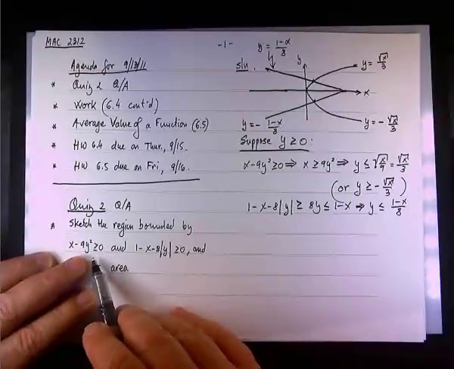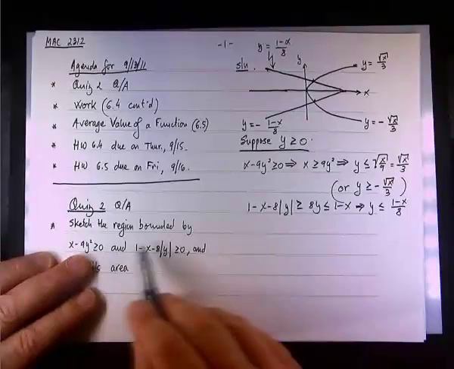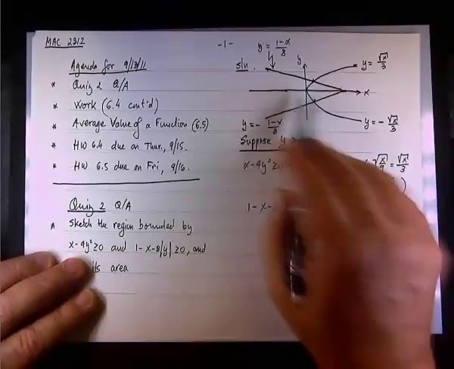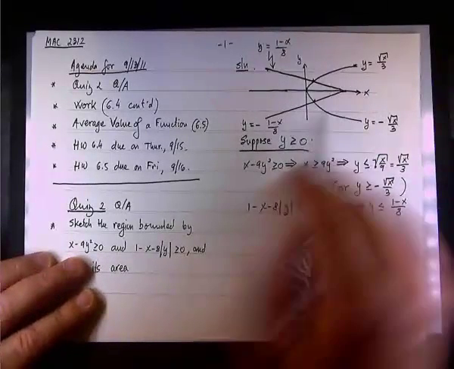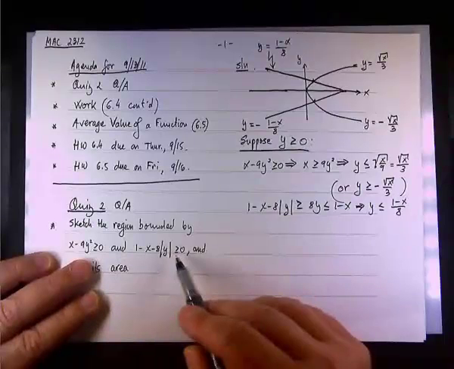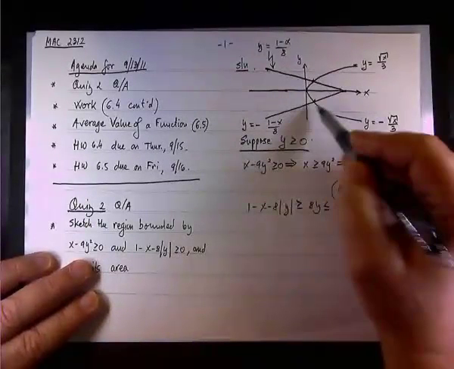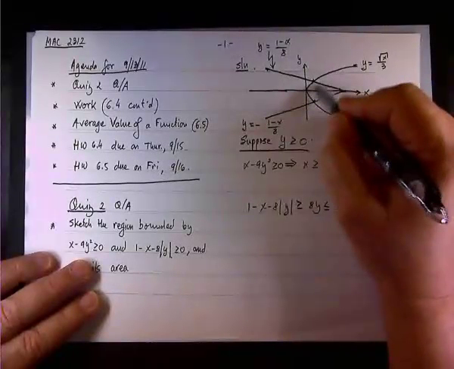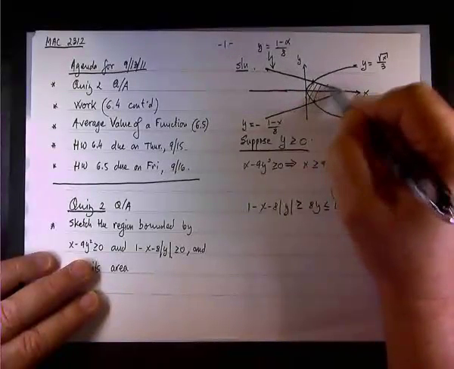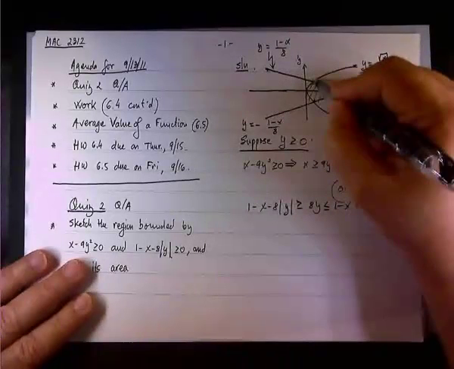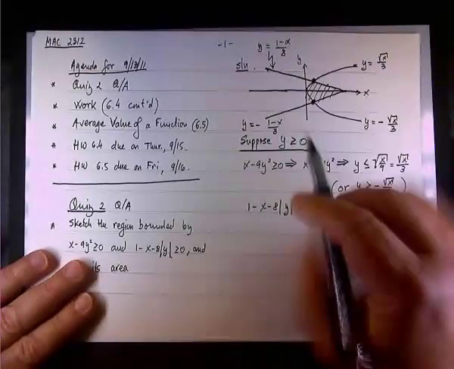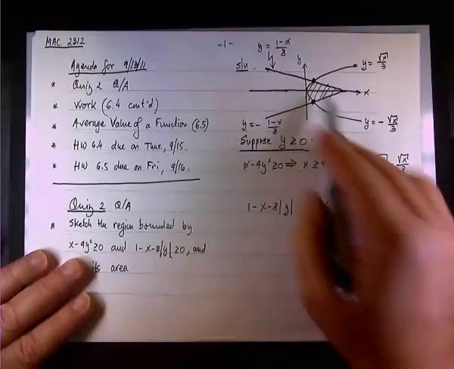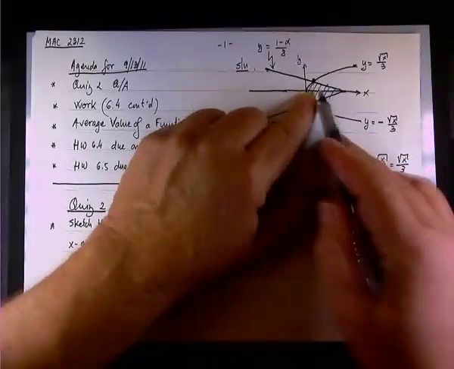Now we know all 4 functions that make up the relation. Of course, for the parabola, x is greater than 9y squared, meaning we're looking at the right side, and we're looking at this relation. So this is the area.